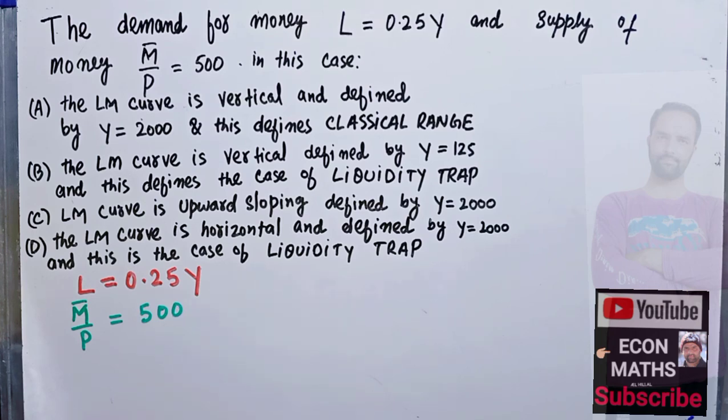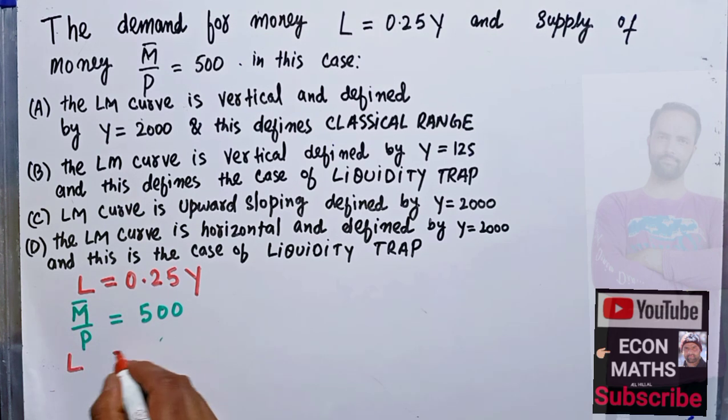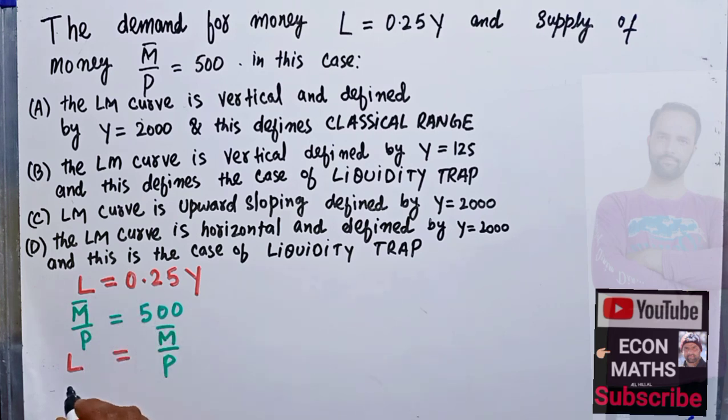Now for money market equilibrium, we know that demand for money should be equal to supply of money. Or let us write it in this fashion: demand for money L should be equal to the supply of money, that is M bar upon P, which implies 0.25y should be equal to 500.